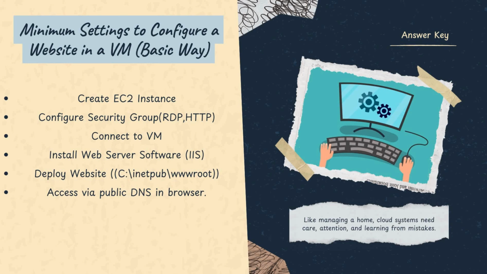Then deploy the website. In your virtual machine you can find your local disk C, and inside it the inetpub folder. Click that folder, and inside you can find the wwwroot folder. Only inside that folder do you place your website files. Next, you can access it through the public DNS in your browser.